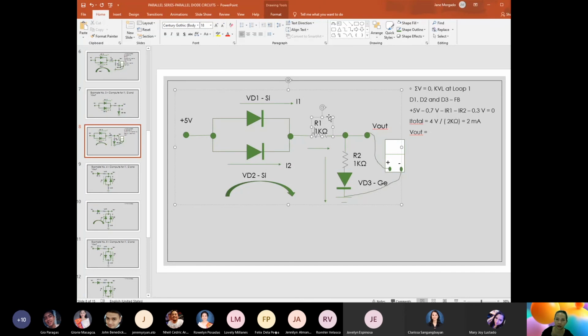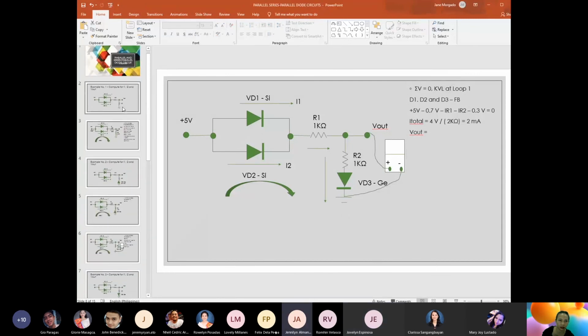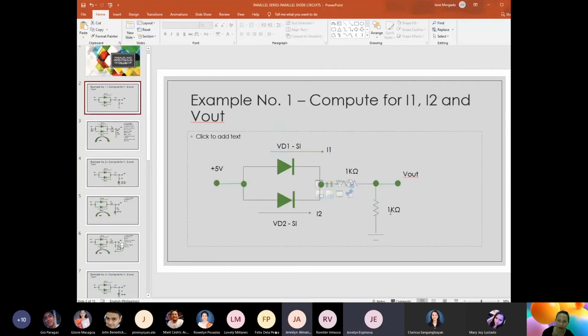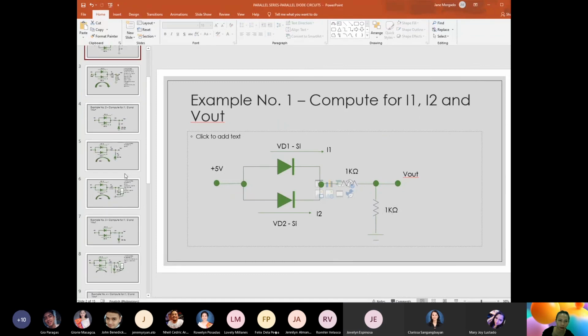Anong masasabi nyo? Ang V out natin is taken across R2 and D3. Kanina, across R2 lang, di ba? Kasi isa lang yung members mo dito, 1K.